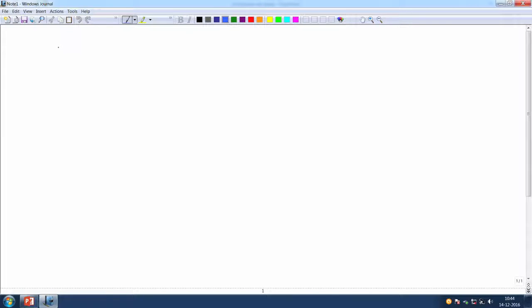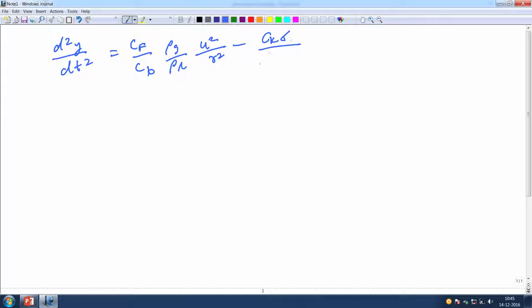Using the expression, d square y by dt square now becomes Cb, Cf by Cb, rho g by rho L, u squared, where u, remember, was the relative velocity, minus Ck sigma divided by rho L r cubed into y, minus Cd into mu L divided by rho L into r squared, dy by dt, right.